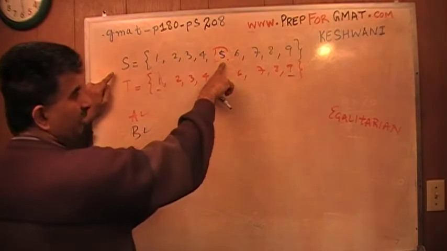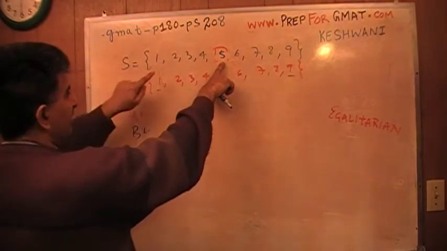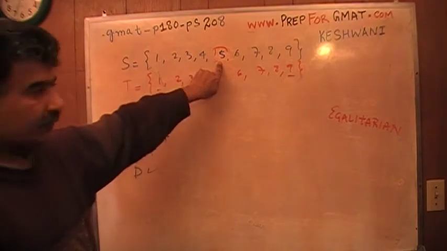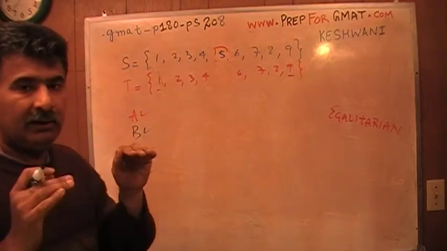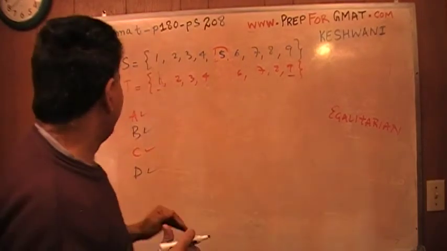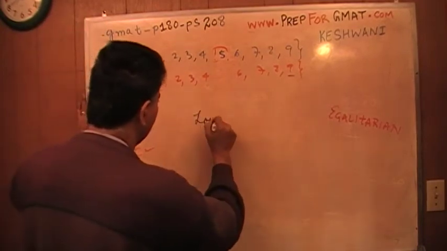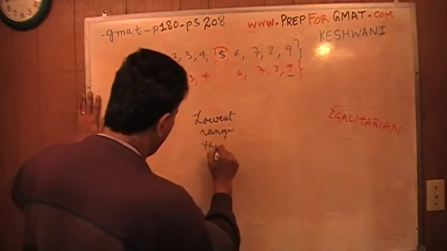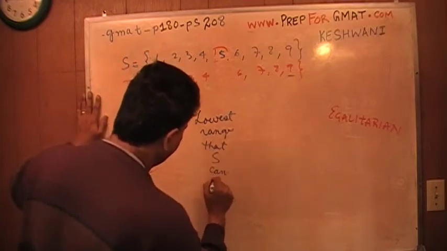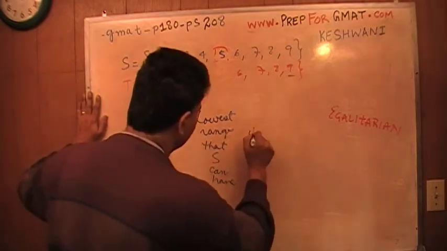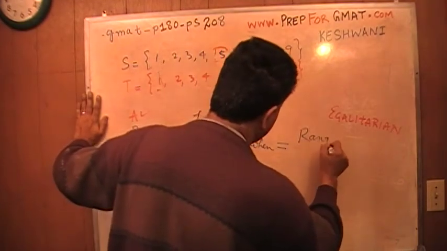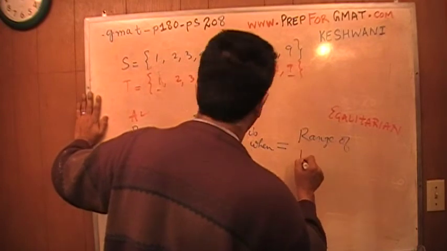If this were the lower number, if this were negative 5, the range again would be all the way from negative 5 to 9. The range would be even higher. So I'm showing you a scenario where the lowest range that S can have is when it is equal to the range of T.